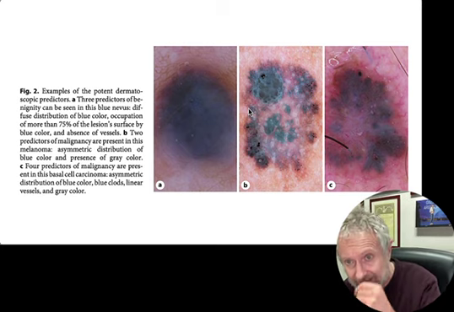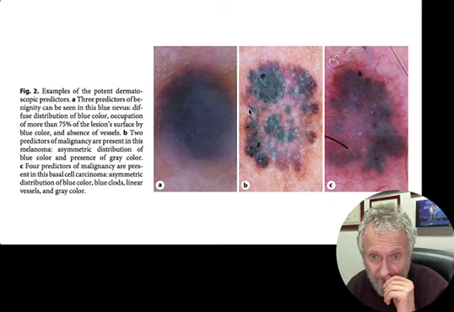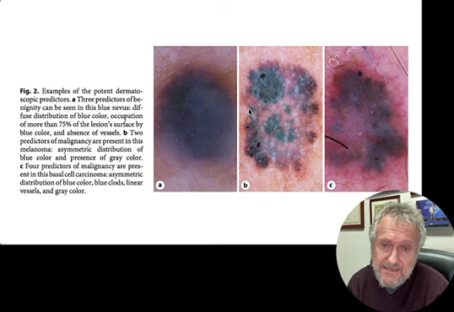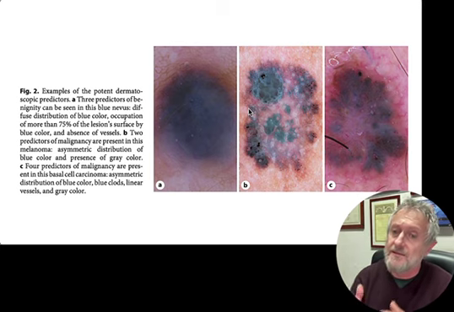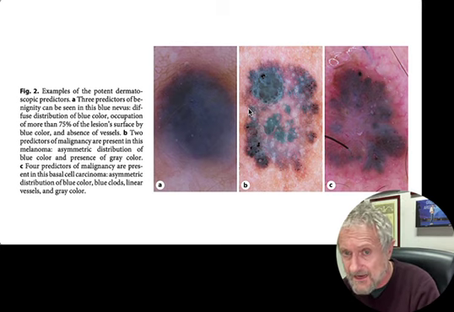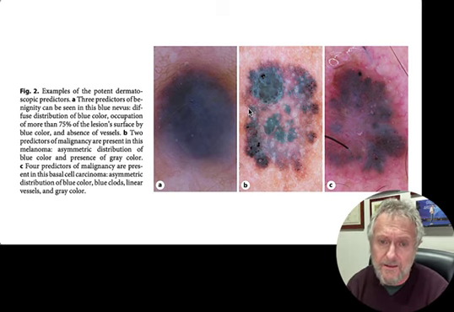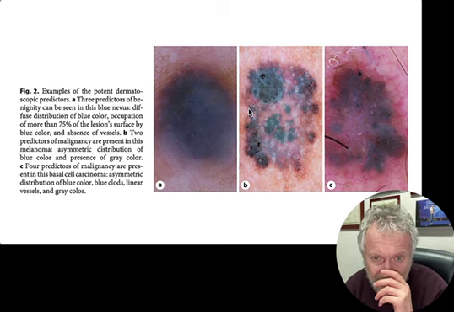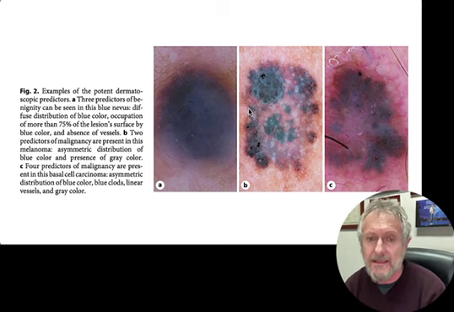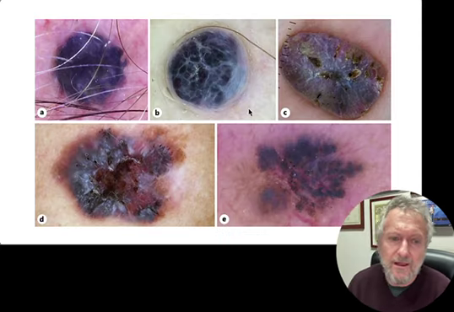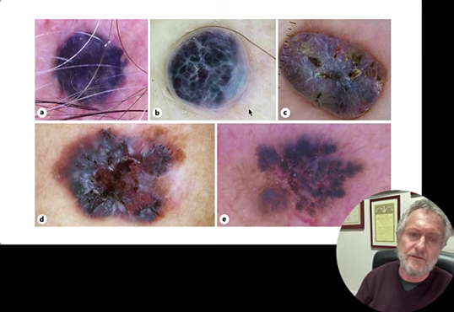While in the center and on the right side we have two examples, one of melanoma and the other one of BCC, in which you can see that the blue color is not occupying more than 75% of the lesion. There are vessels on the right side, and there is also irregular, asymmetric distribution of the bluish areas in the lesion in the center. So additional criteria which could be helpful in the context of predominantly blue lesions.